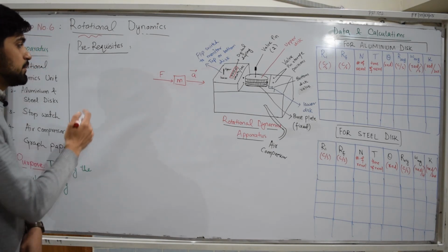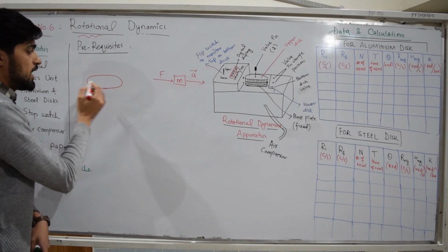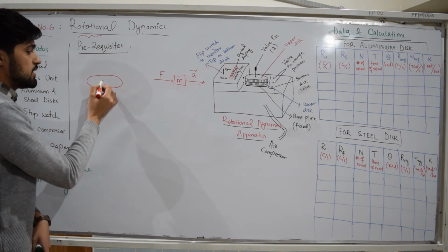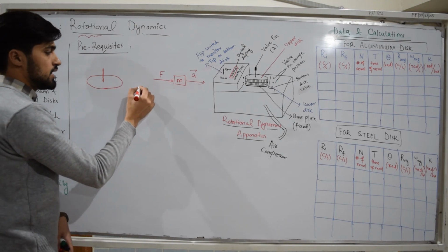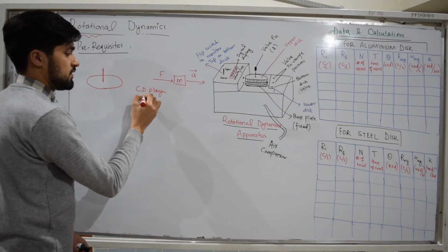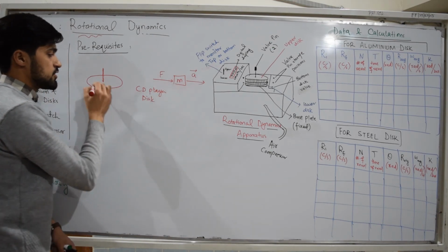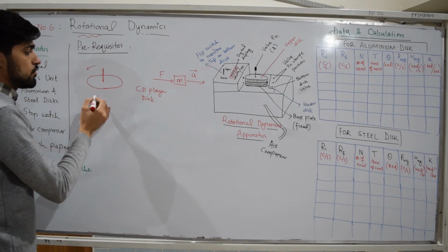Let's take an example of a disk. Let's say this disk is rotating about a fixed point, just like a CD player, where we have a disk rotating about a fixed point. This disk is rotating in the anti-clockwise direction.